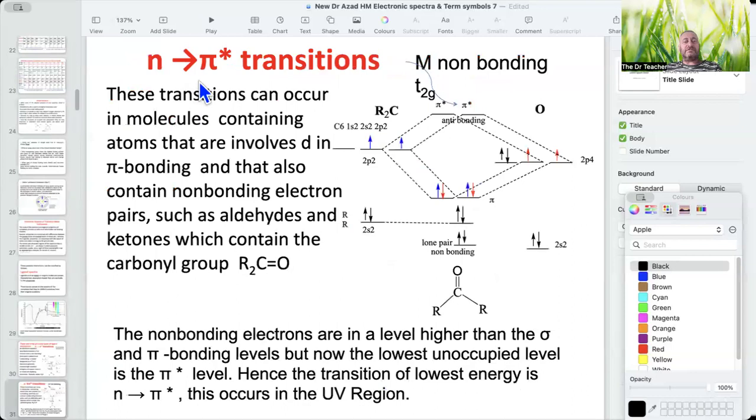n to pi star transitions. We can see here carbonyl or alkoxyl, so COR2. So here we have transitions that can occur in molecules containing atoms that are involved in pi bonding and also contain non-bonding electron pairs.